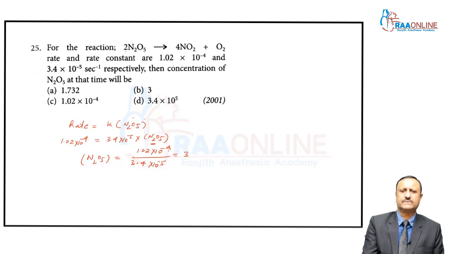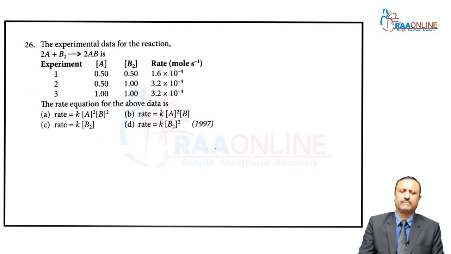So, the concentration is 3 for this question. This is question number 25, and this question was also asked in the 2001 NEET exams. Now, we can see question number 26.